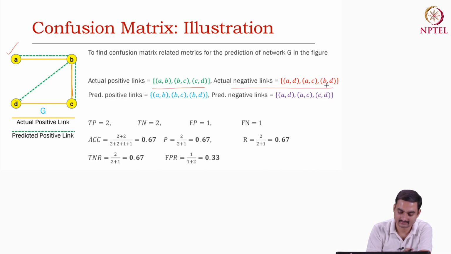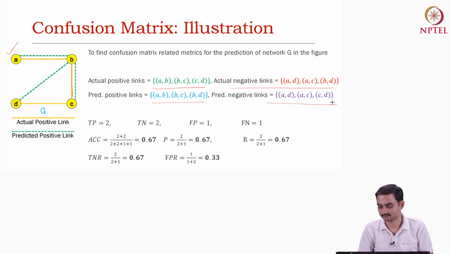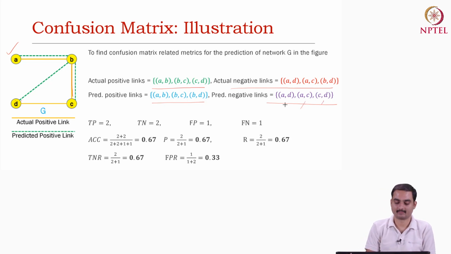Our prediction says that the positive links are these dotted lines AB, BD and BC. These are predicted positive links, and predicted negative links are DC, AC and AD. Sorry, DC, not BC. Okay. So what is true positive? Let us compare these two sets.